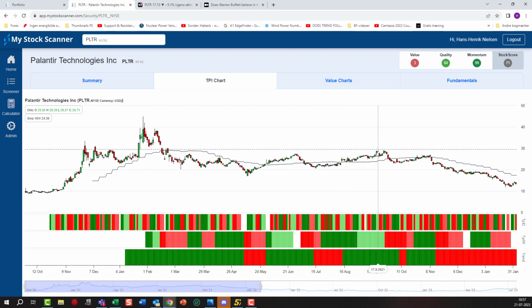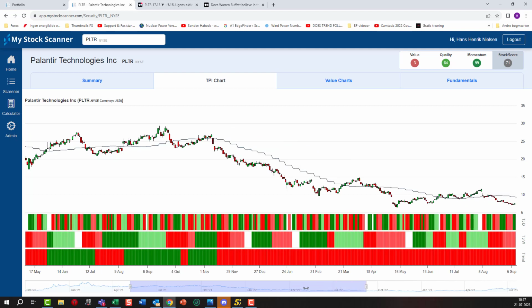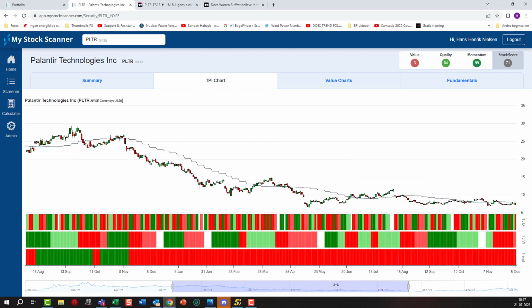Now then I would wait. I might time it on the daily, but in this very simple test I actually timed it on the weekly, exiting the trade here. Again, I might take a trade here, exit it with a small loss here, and then I would go on, and as you can see, if you have followed many Palantir fans on YouTube, all through 21, 22, they were all touting that Palantir should go to the moon.